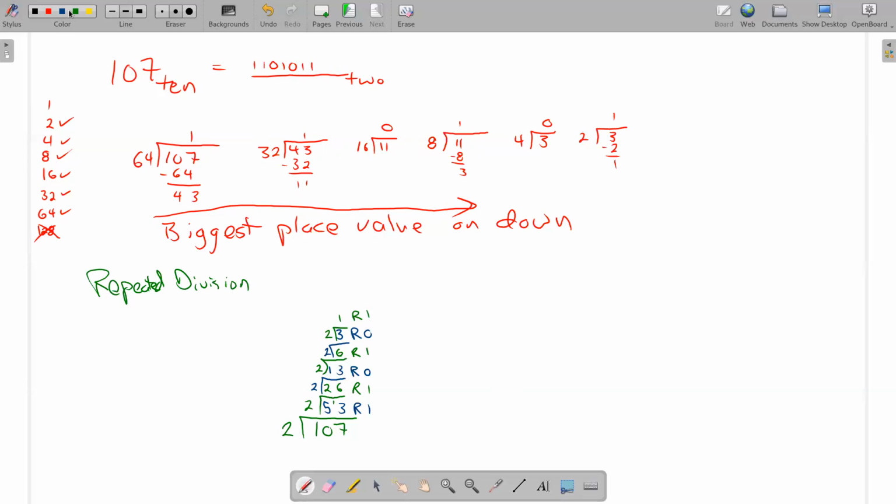Not done yet. 2 goes into 1, 0 times, remainder 1. We need that 0 quotient so we get that final remainder, and then our number is coming down here. 1, 1, 0, 1, 0, 1, 1.